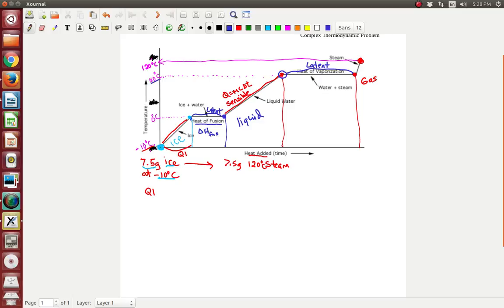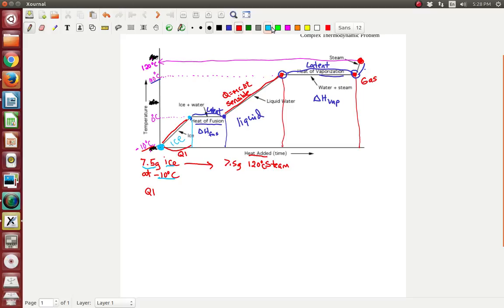This is still water, but then the water turns into steam, or vaporizes, and we're going to use the delta H of vaporization on this latent heat area until it turns to 100 degree steam. Again, the temperature did not change. In the latent heat, the temperature does not change. Once it's all the way changed over to steam, then we heat the steam back up again, and so we have another sensible heat area right here. All right, and in the sensible heat areas, we always use Q equals mc delta T.